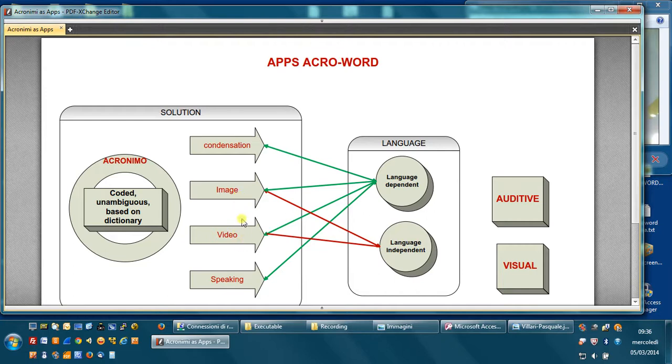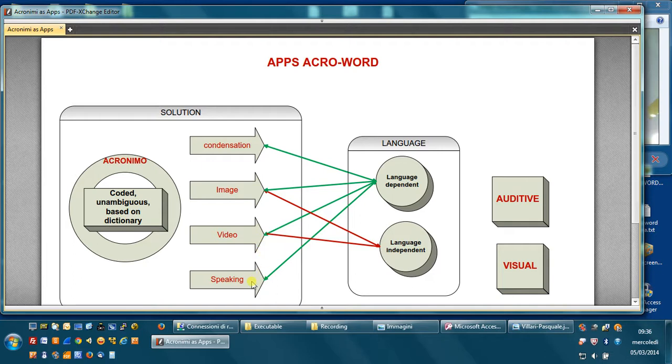Also, we have the possibility to connect a video to the acronym, and here too we have a dependence between the video and the language. If the video is only mimics, meaning without words, no speaking, then the video is language independent. Instead, if in the video there are phrases, words, or speaking parts, then we have a dependence on the language.